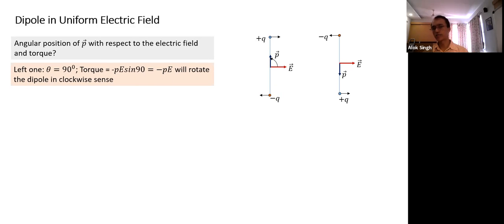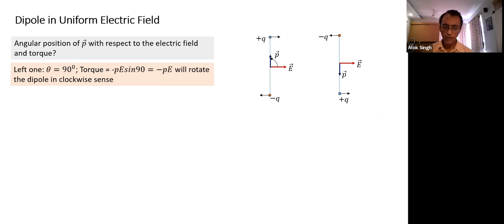How about this state? This looks similar, but in this particular case, the dipole has been given an angular displacement in the clockwise direction, pi by 2. Hence, the torque is acting in an anti-clockwise direction. So here also the torque is PE, here also the torque is PE. But in this case, torque PE is in the clockwise direction, and here the torque PE is in the anti-clockwise direction.